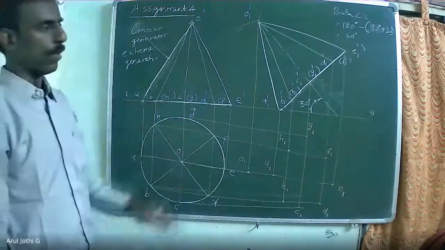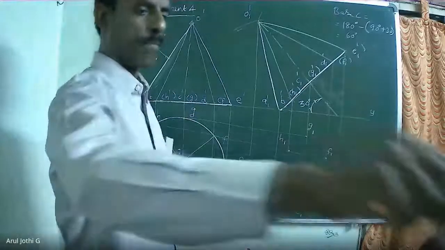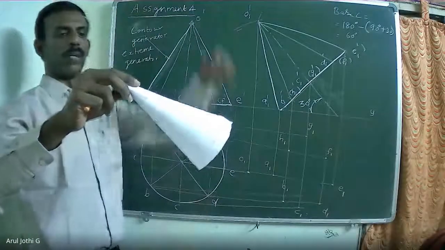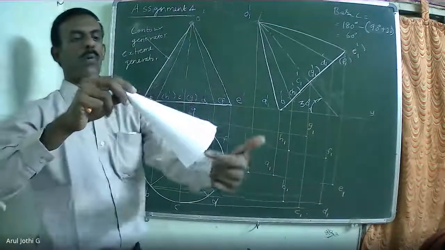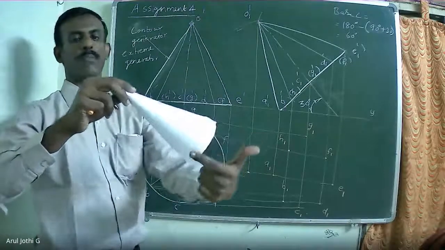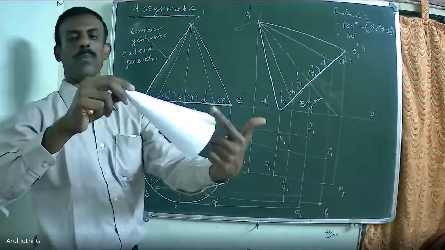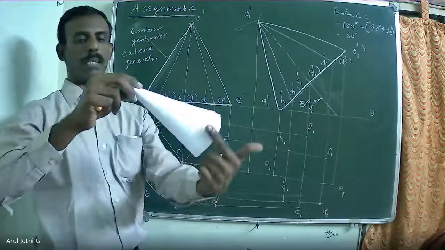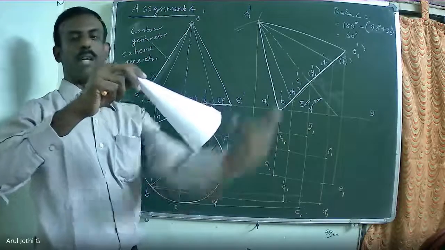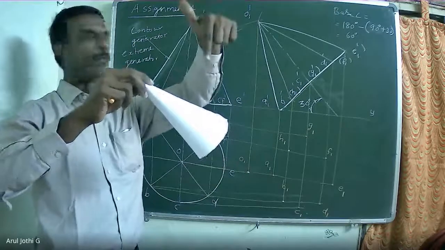Now, how to find the visible and invisible edges? Look at the cone here. When you look in top view, only this outer semicircle of the cone will be visible. The bottom semicircle of the cone will not be visible when I look from top view.